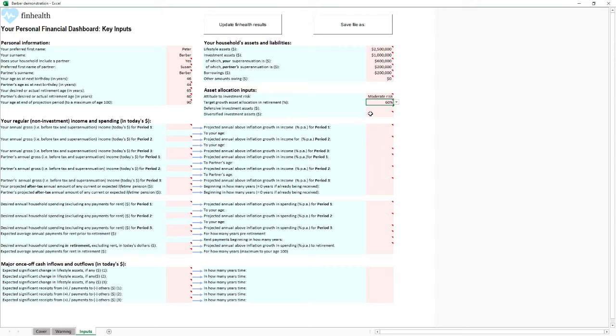Now moving on, Peter estimates the Barbers hold $100,000 in defensive assets, implying $900,000 in growth assets. He also estimates that of the $1 million of investment assets, $500,000, or 50%, are well diversified, implying $500,000 are held in some concentrated form, e.g. a few shares.